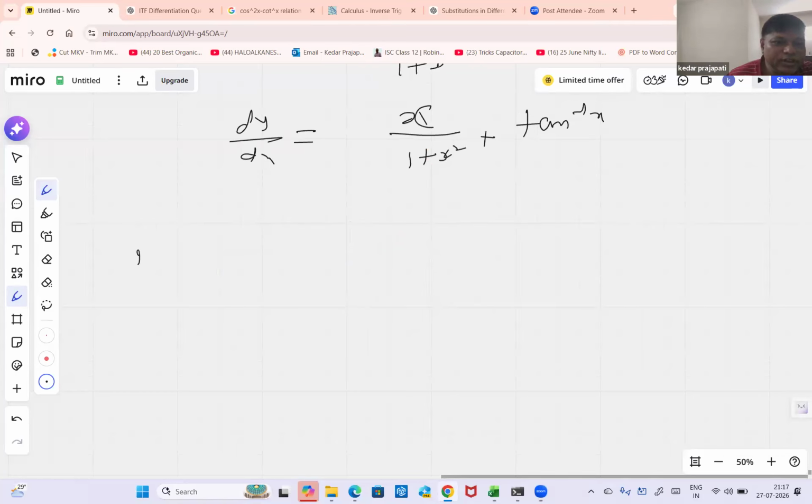Let us assume the question is like this: y equal to e to the power x cube into tan inverse x.